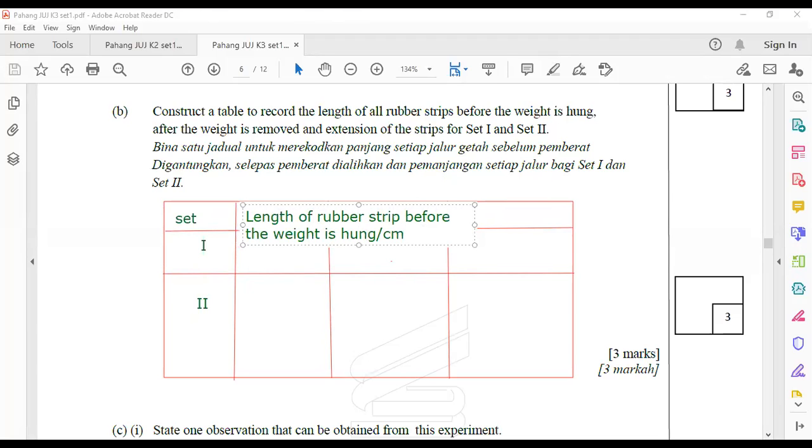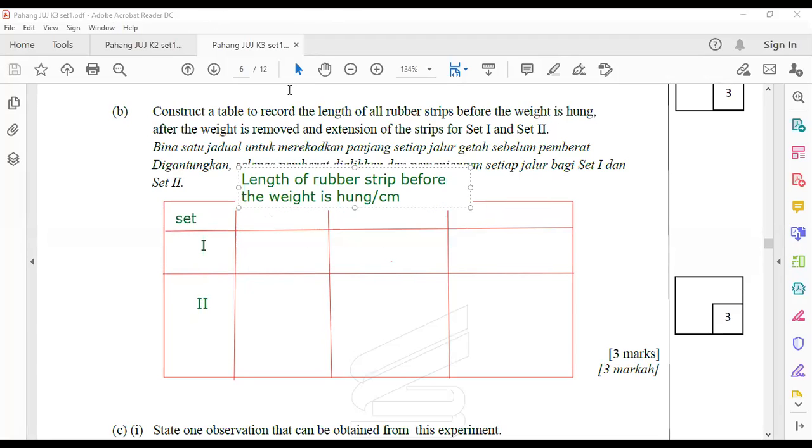Use the unit as centimeter. This one is the title here. Okay. Now please note that you must have your unit as centimeter.